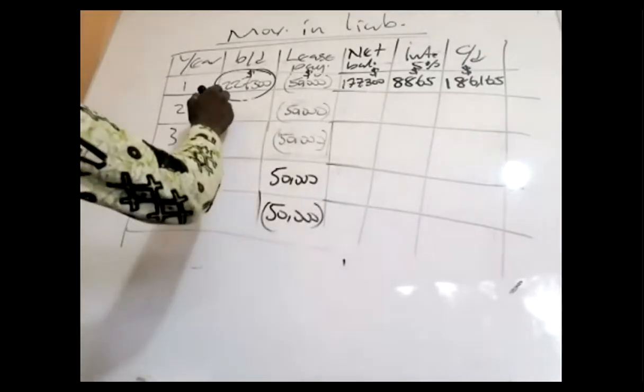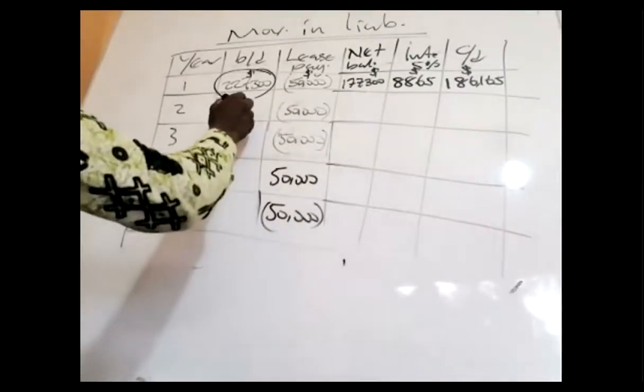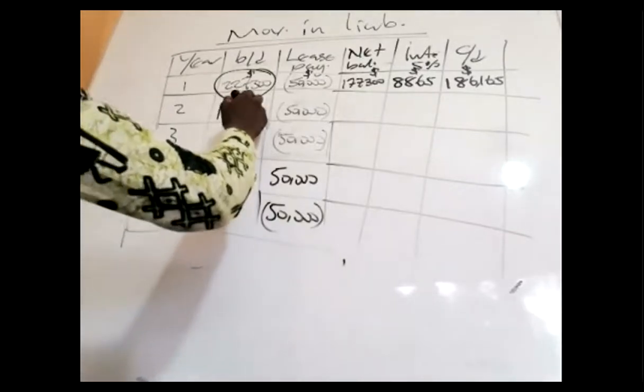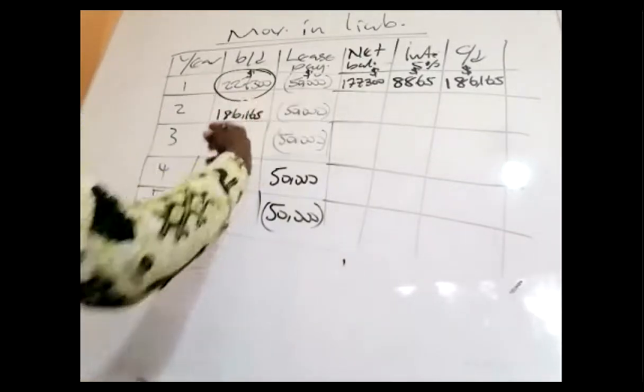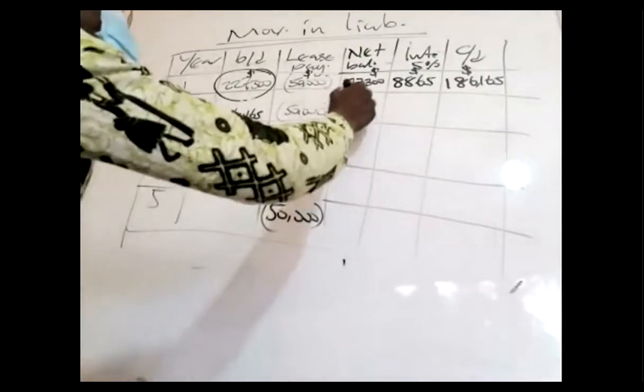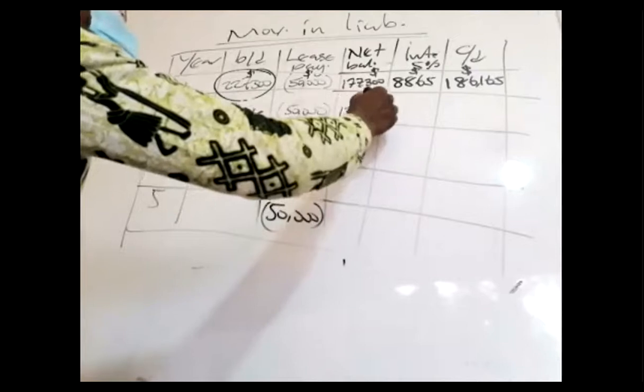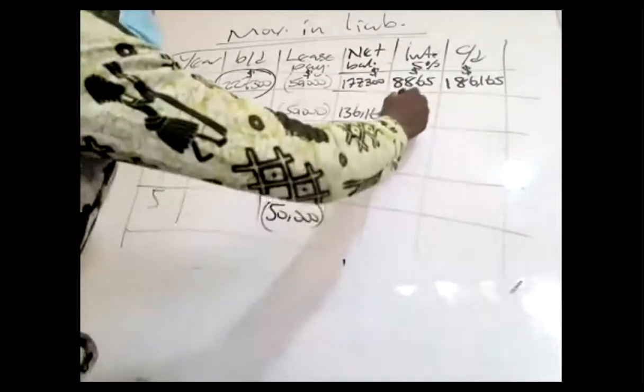Okay, so let's push it there. 186,165. Then let's take off the 50,000. You get 136,165. They charge you interest on it, 6,808.